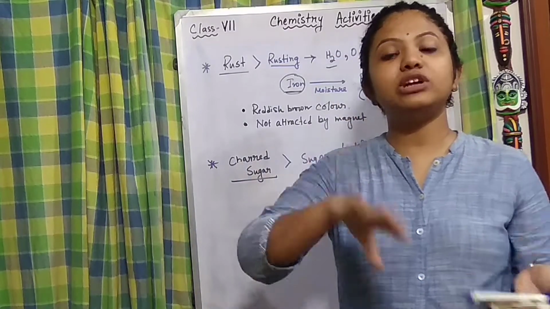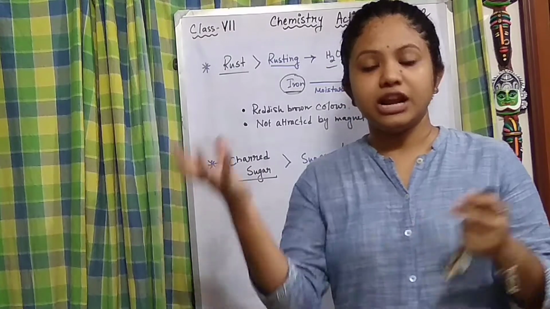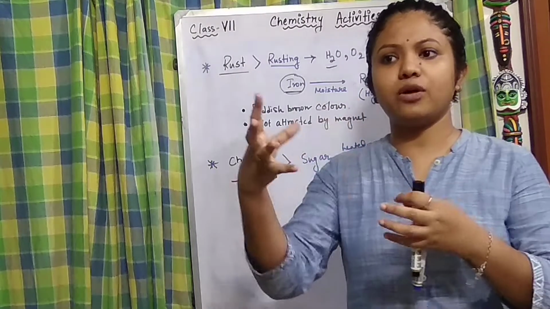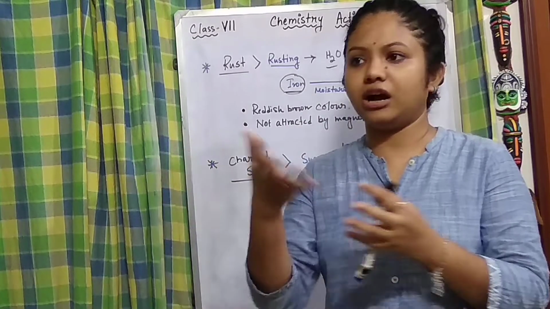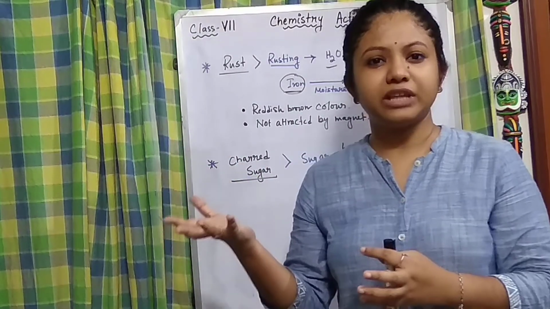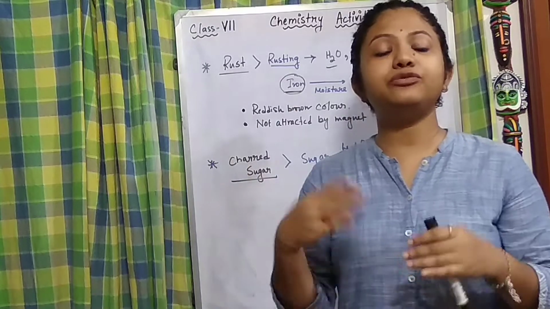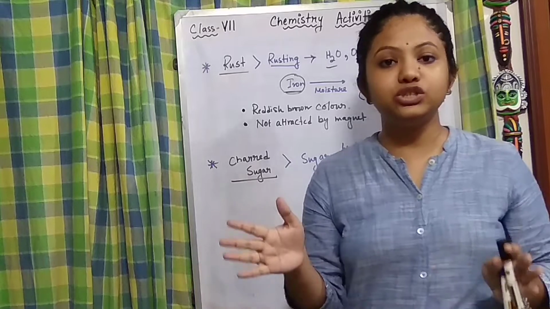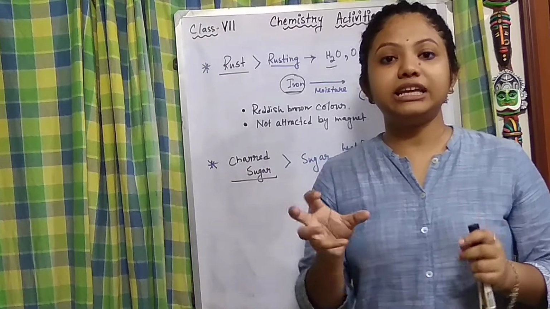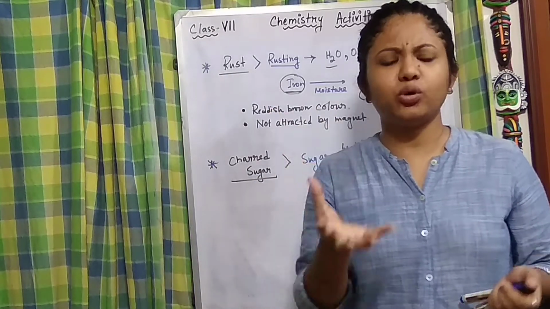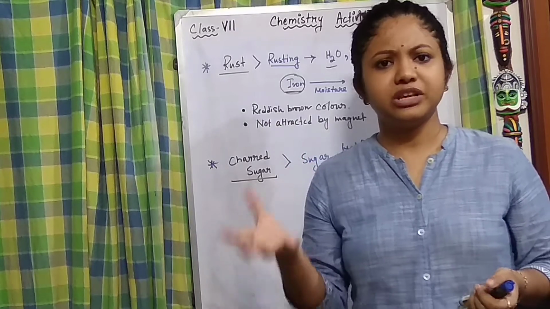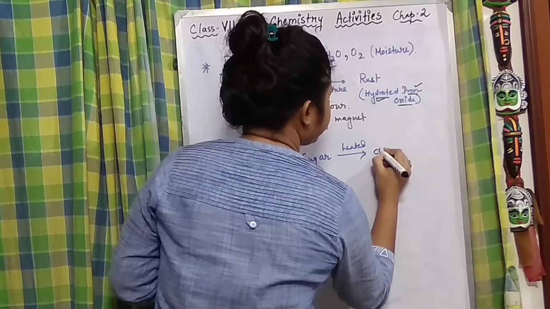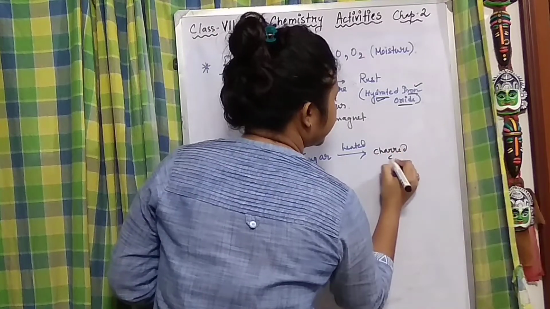So gradually, what is the step after caramelization? During caramelization, we have seen that the crystalline sugar transforms into a reddish color, greasy and glossy in nature. Then if we keep heating it further, it will gradually transform into a product that is totally black in color, called charred sugar.